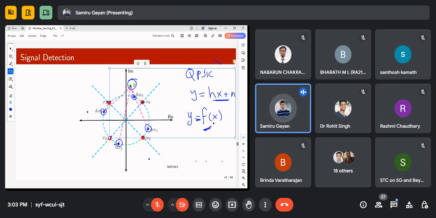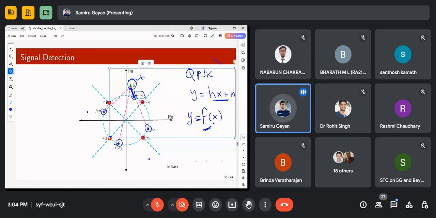The gut feeling says, if I need to choose a symbol by looking at all this information, I need to pick the closest symbol to this received signal. So that is this one, x0. I'll pick x0 as the transmitted, estimated symbol. So this is the detection. You pick the minimum norm, Euclidean distance one as the detector.